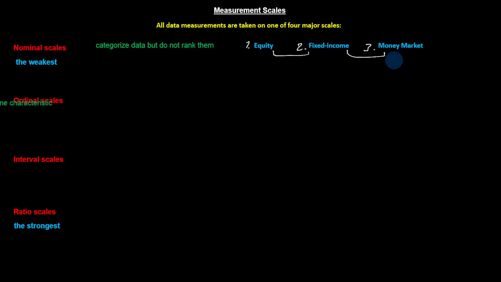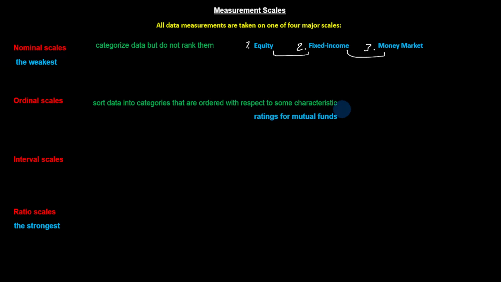Now, ordinal scales solve the problem of ranking. So ordinal scales sort data into categories that are ordered with respect to some characteristic. A good example for ordinal scales would be rating agencies that give ratings for mutual funds.